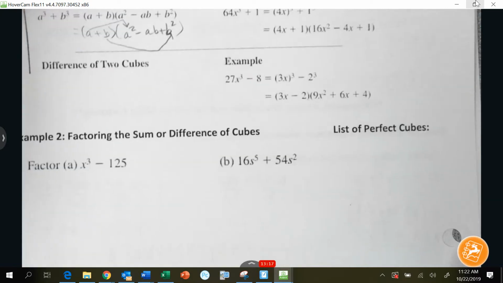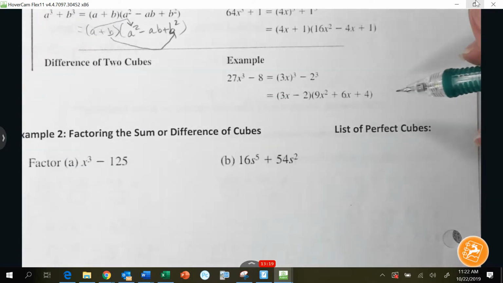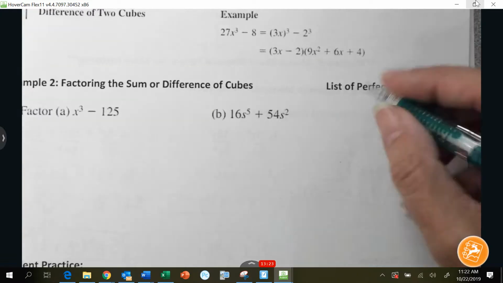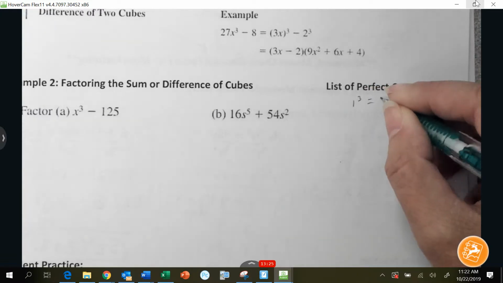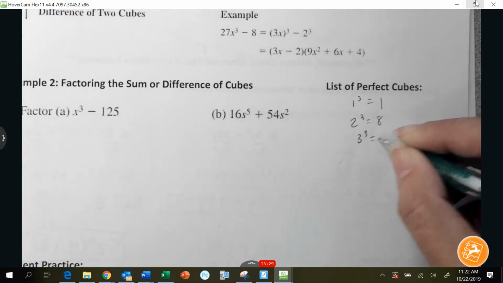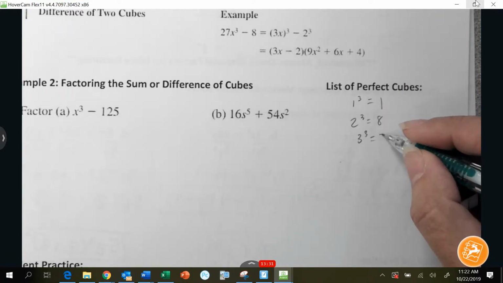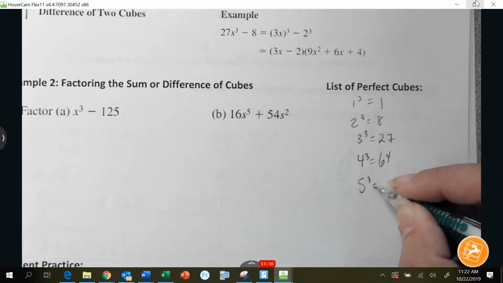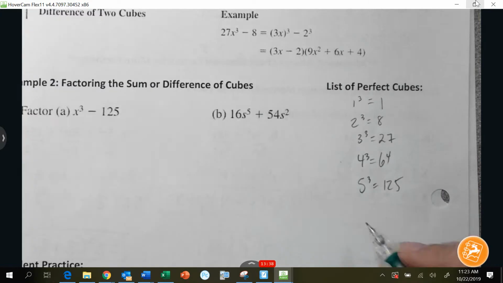Before we start, though, if you don't know cubes off the top of your head, I'm just going to throw some out there so you could write some down. What's 1 cubed? What's 2 cubed? 3 cubed? 27. 4 cubed? 64. 5 cubed? 125. 6 cubed?